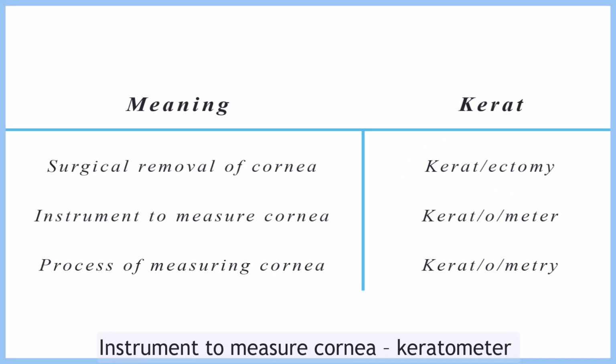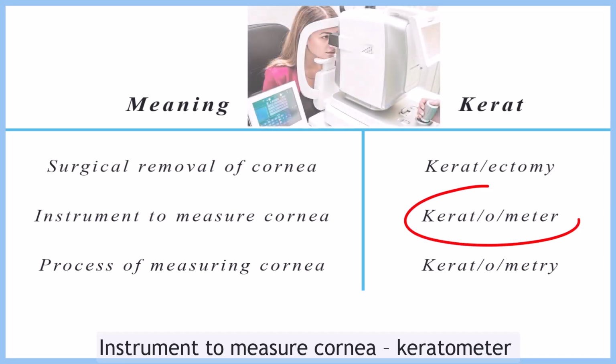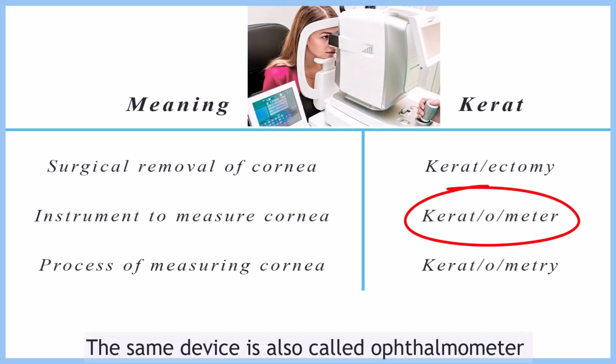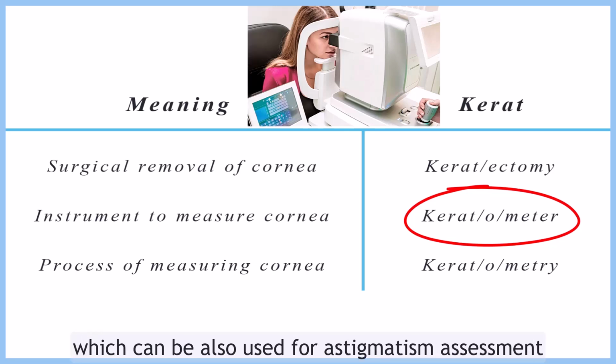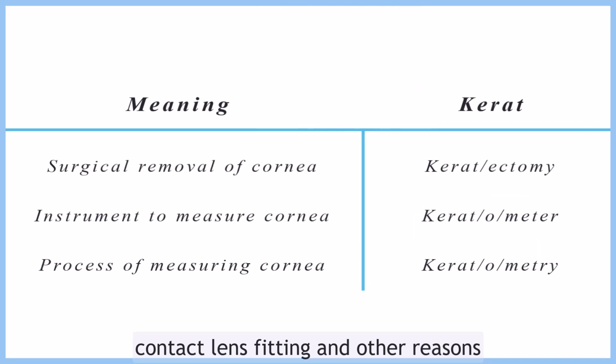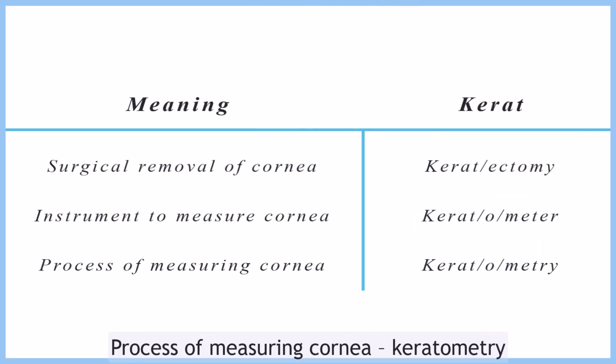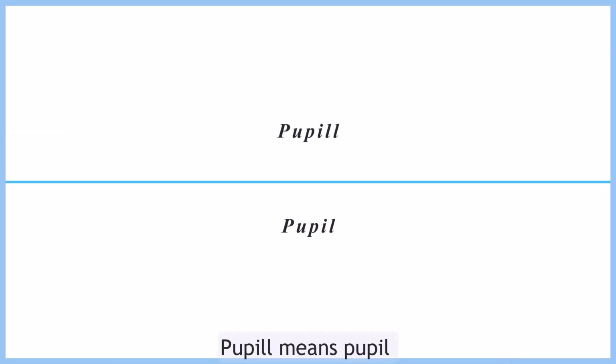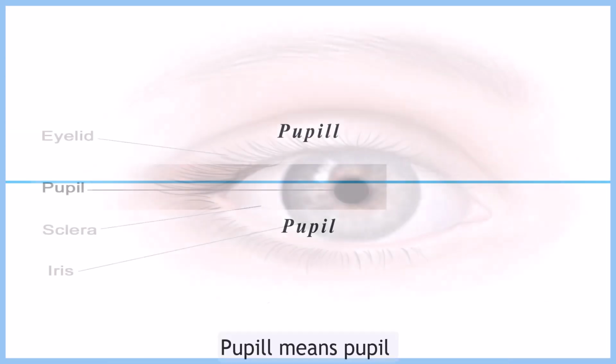Instrument to measure cornea, keratometer. The same device is also called ophthalmometer, which can be also used for astigmatism assessment, contact lens fitting, and other reasons. Process of measuring cornea, keratometry. Pupil means pupil.